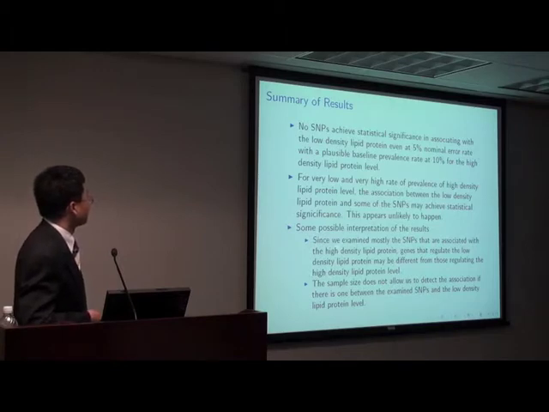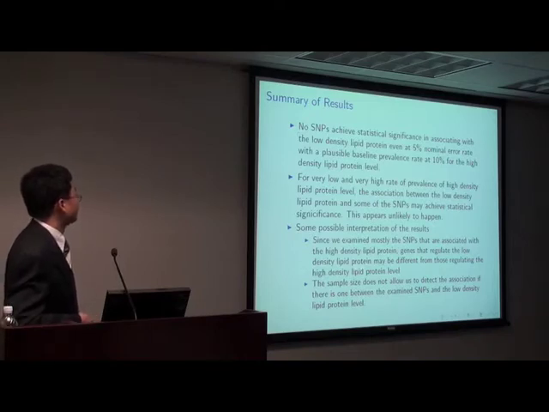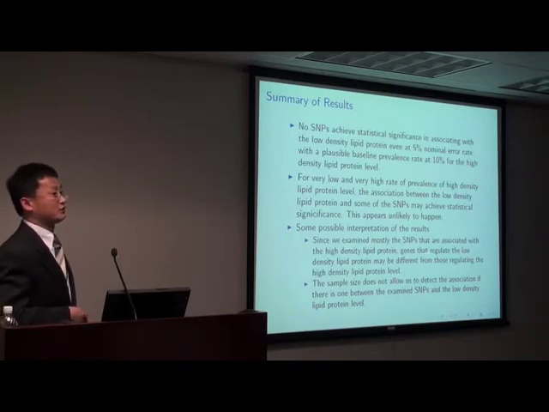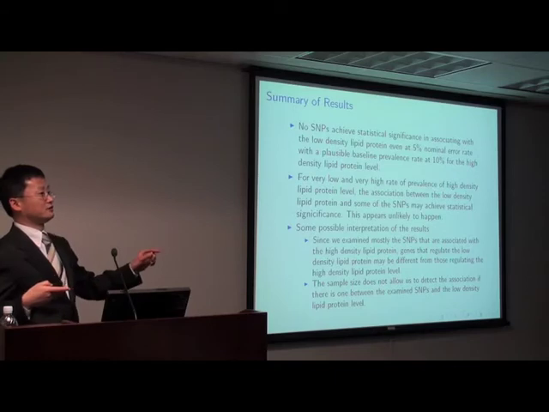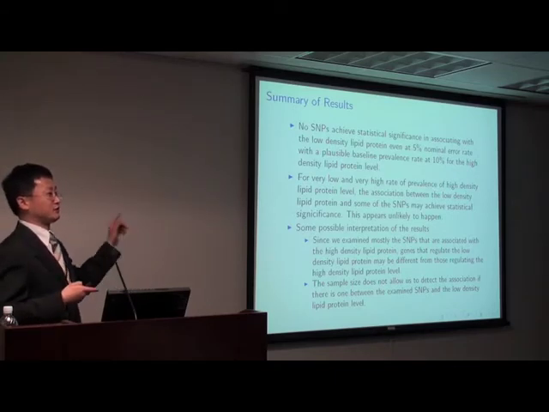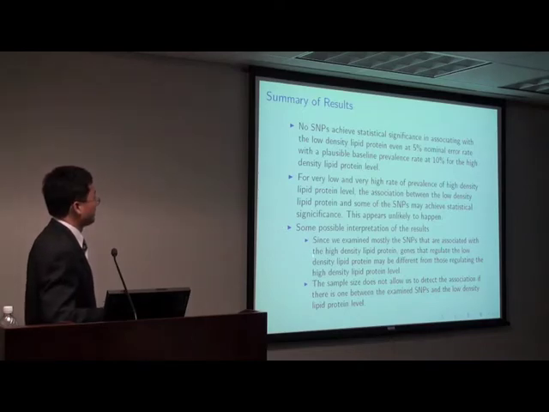The first one is that we have examined mostly the SNPs that are associated with high-density lipoprotein. Those genes that regulate the low-density lipoprotein may be different from those that regulate the high-density lipoprotein. If that's the case, that means the association is with different genes. We only concentrated on those SNPs that had an observed higher level of association with the high-density lipoprotein.